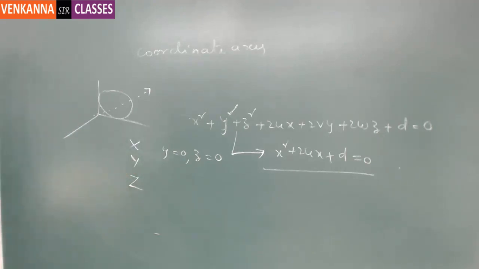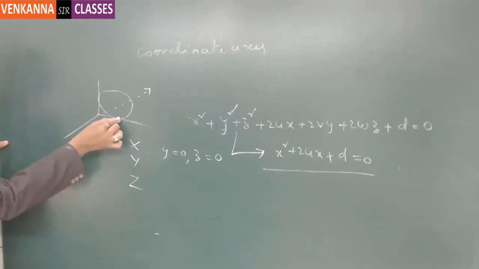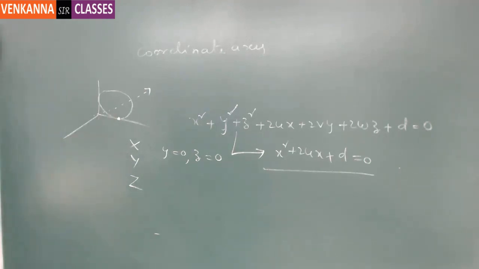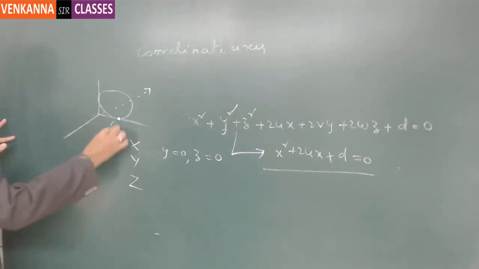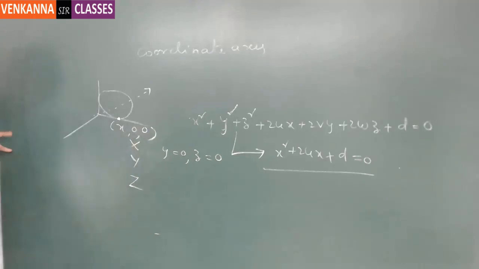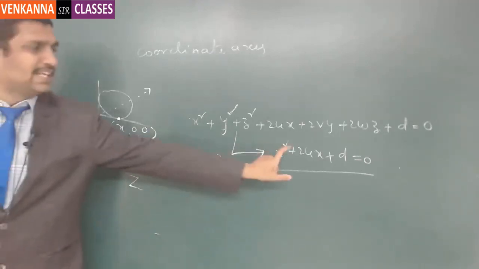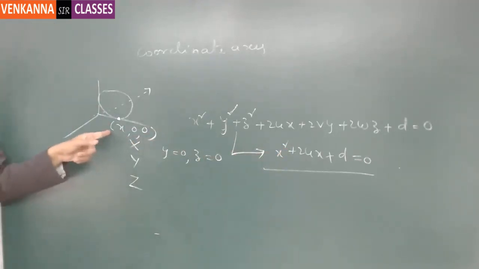Please understand that if the sphere touches the axis, you will get exactly one point common to the sphere and the line. Accepted? Here any point on the x-axis will be of the form (x0, 0, 0). So if you solve this equation, you will get the x coordinate.